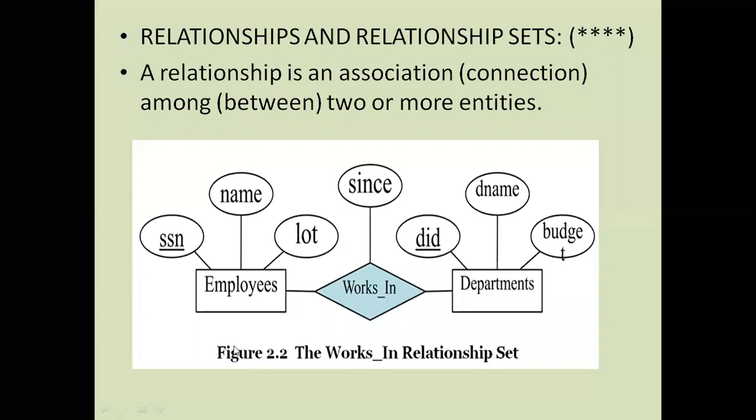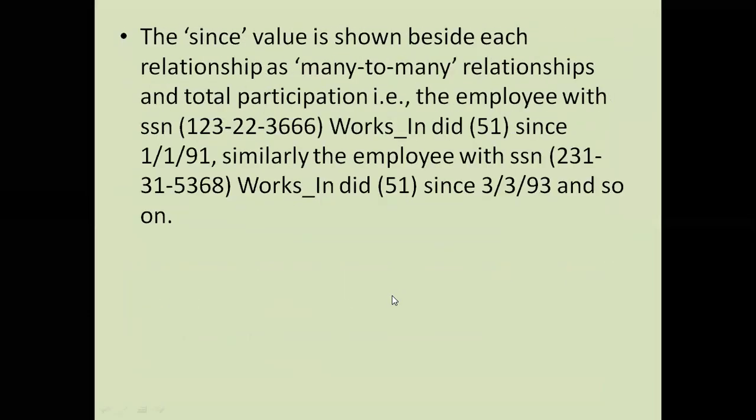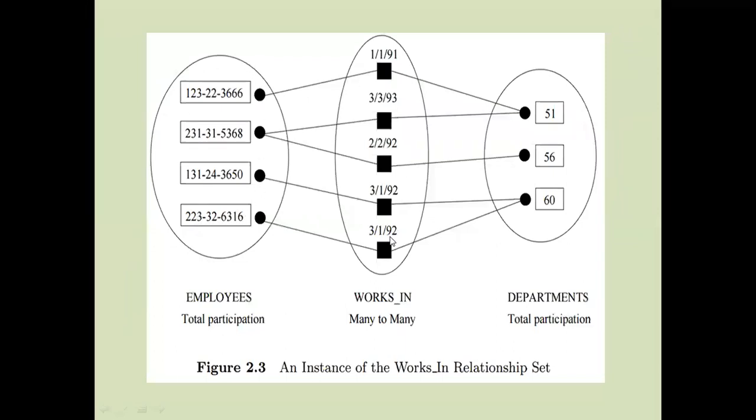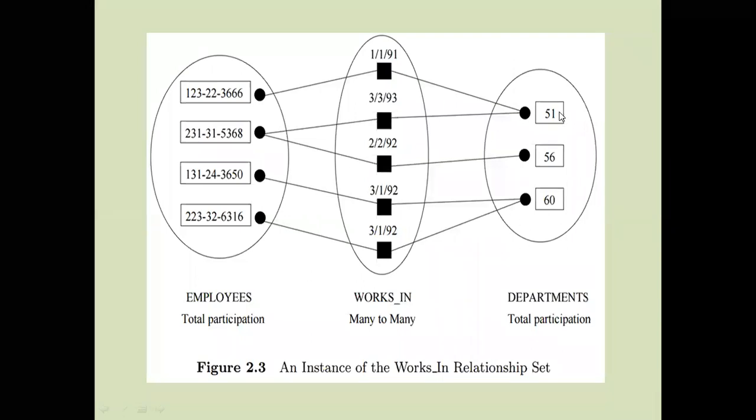In the same way, this is a relationship set, in which we collect similar relationships. In the same way, departments also have a department entity set. Now observe clearly: this is the employee entity set, this is the relationship set, and this is the department entity set.